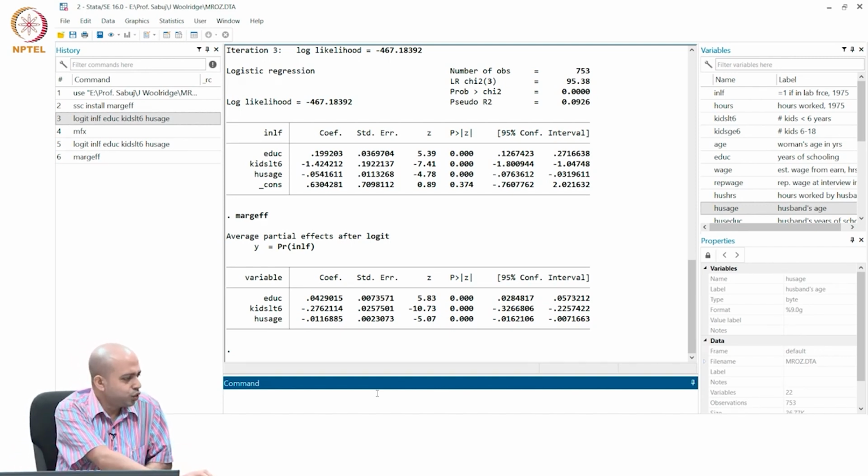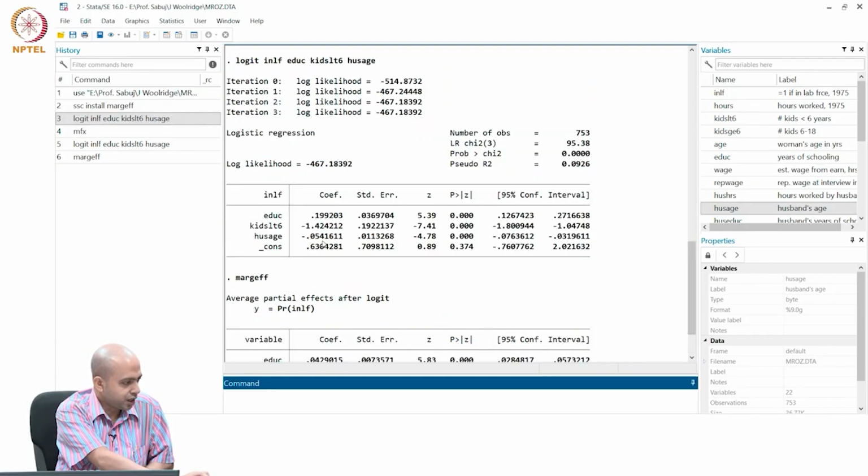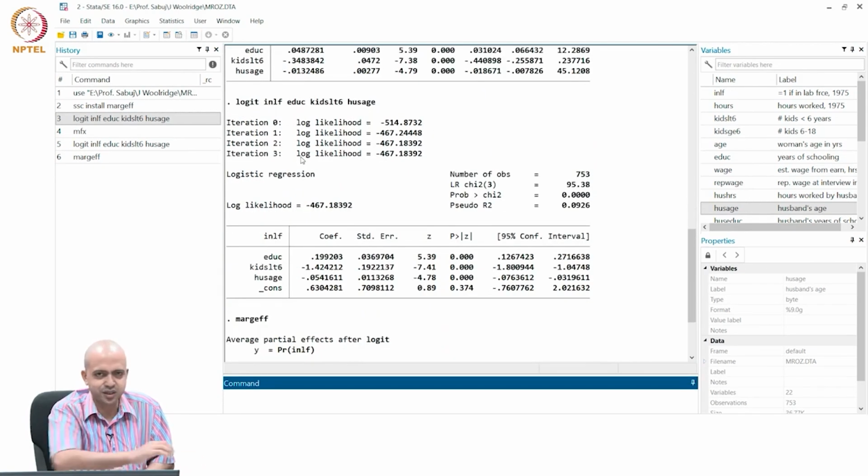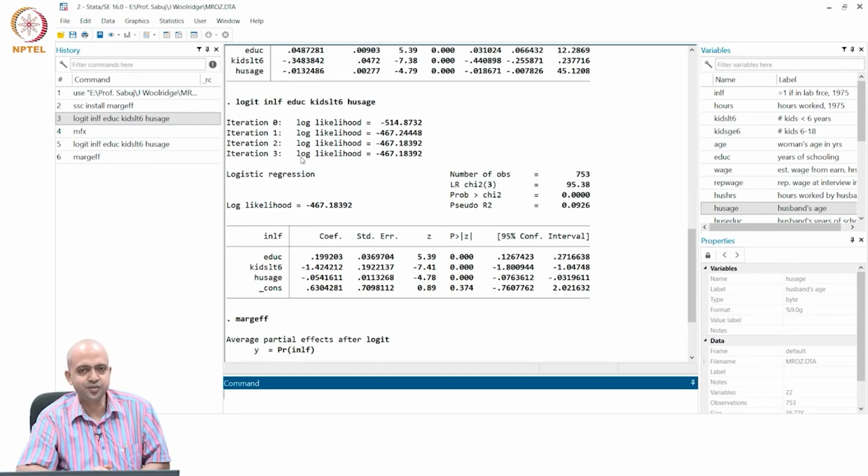This is slightly lower. See the marginal effect in the earlier model, this is 0.0429 and earlier it was 0.0487. So, a little lower. So, the average marginal effect is a little lower than the marginal effect for the average individual.